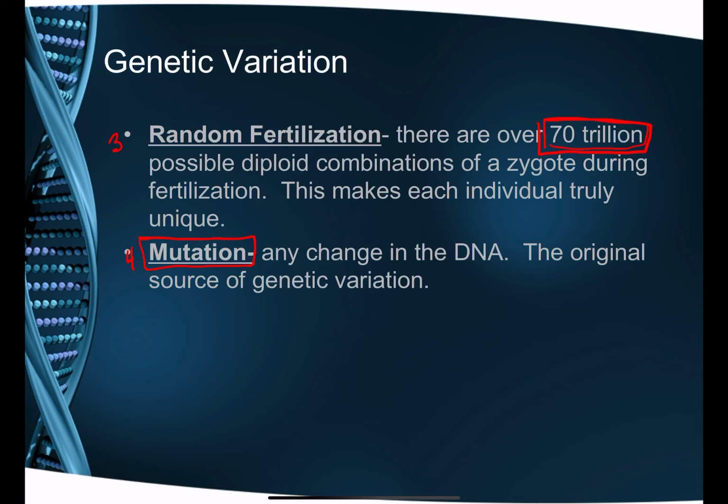Mutation is considered to be the original source of genetic variation. Okay? Because if there's not any mutation, then every single cell is the same. And so mutation is considered to be the original source of genetic variation. So once you add mutations on top of this 70 trillion, there really is nobody else like you.